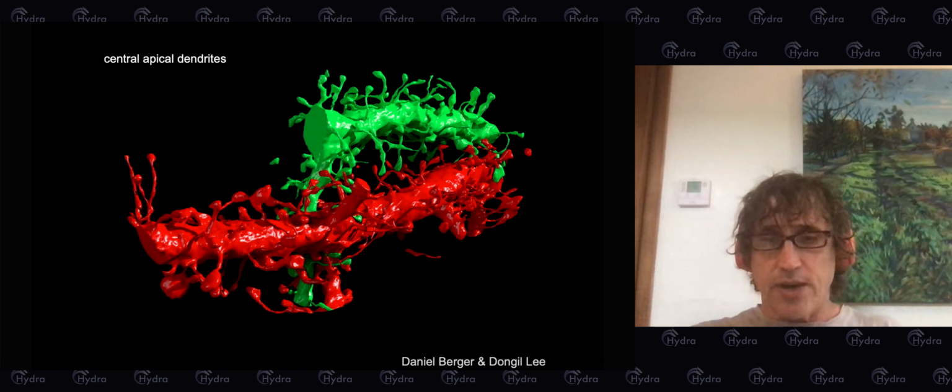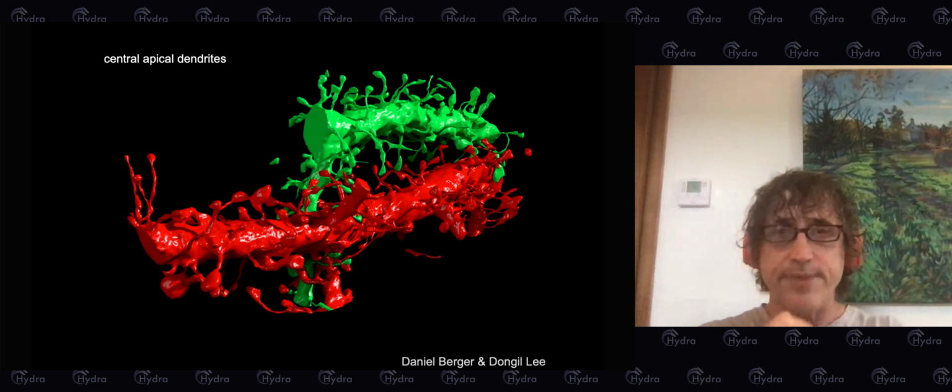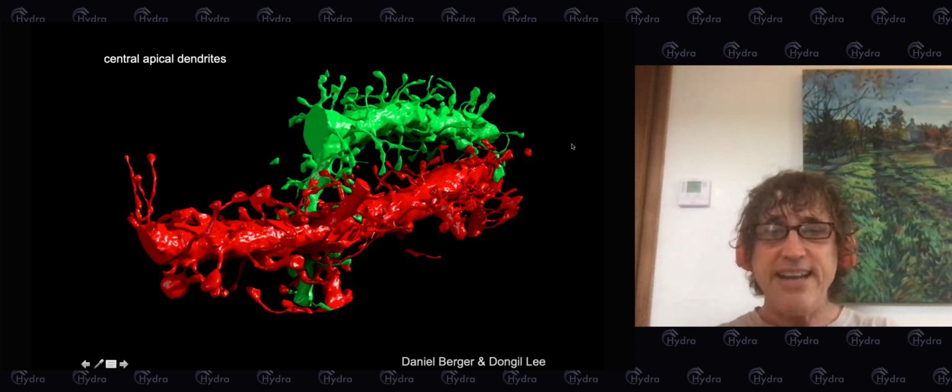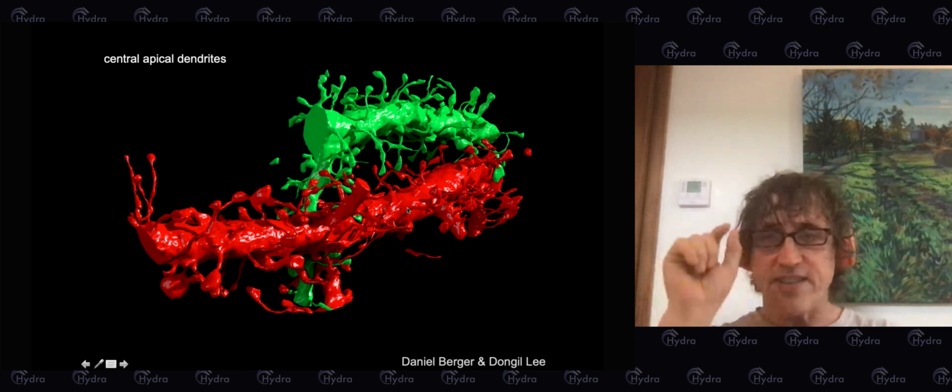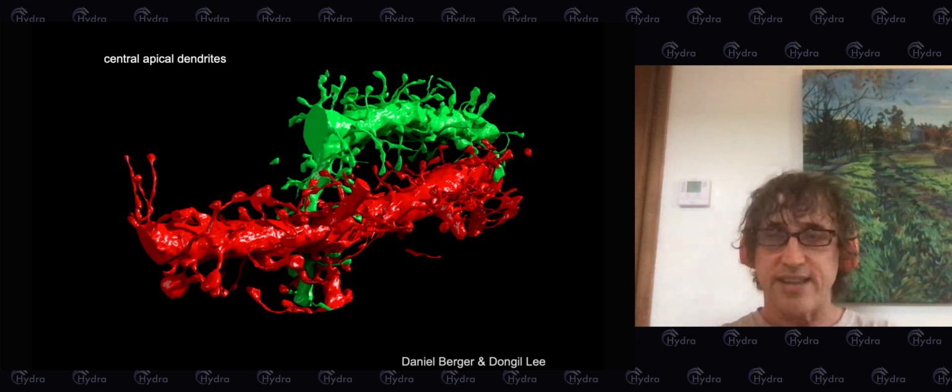Here's an image created in the Lichtman lab of two basically dendrites. So these are tiny, tiny little slivers. This thing is a 10,000th the size of that grain of salt that I showed you before. So what you see here is one apical dendrite and another apical dendrite, a red and a green one.